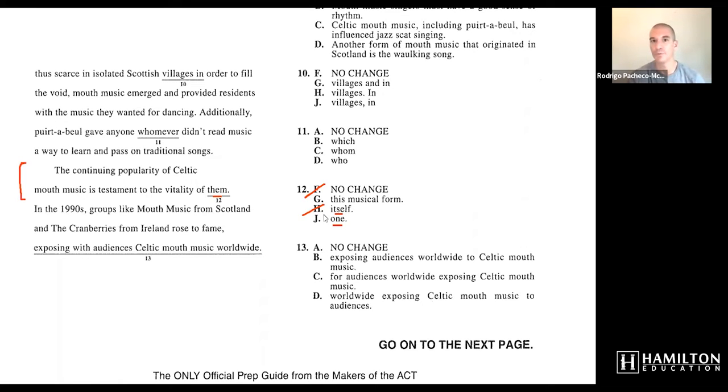One is typically used to refer to a person, and so that doesn't really fit. G, this is the only answer choice that is specific. And again, that is typically the case with these pronoun ambiguity questions. You'll have 3 answer choices that are pretty vague and 1 that is very specific. This is why G is our correct answer.